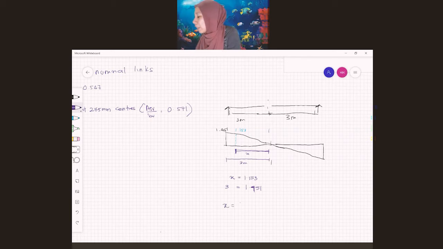X sama dengan 1.153 ni, 3 ni pindah sana, darab 3, masih lagi bahagi dengan 1.451. Boleh faham kah? Ataupun kalau you rasa you tak faham, you cross multiply. Tapi bila you nak dapat balik X ni, bila dia pindah sini dia bahagi juga. So you boleh kira value of X.